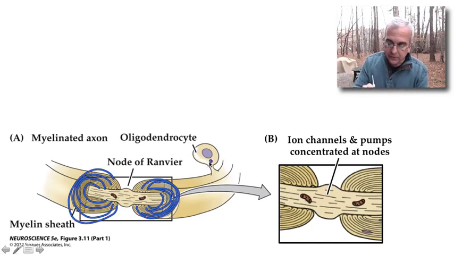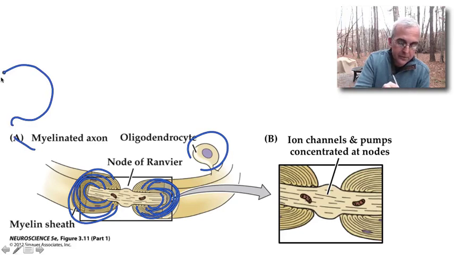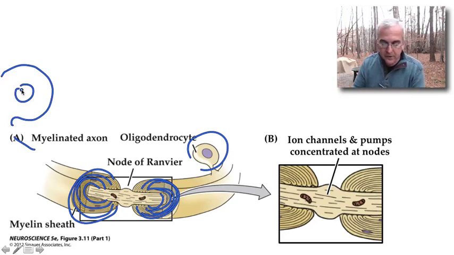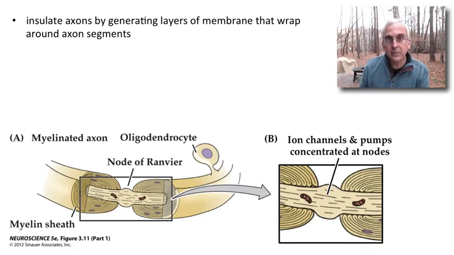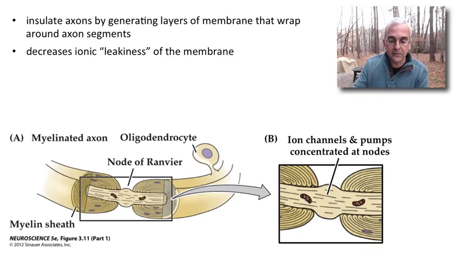And so here is the cell body of one oligodendrocyte. There'll be the cell body of another somewhere off screen here with its nucleus. So these two oligodendrocytes are coming together, and there's a small gap between them called the node of Ranvier. Okay, so what these oligodendrocytes are doing is that they're insulating axons by generating layers of membrane that wrap around those axon segments.